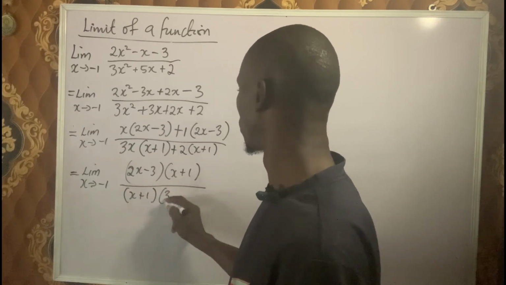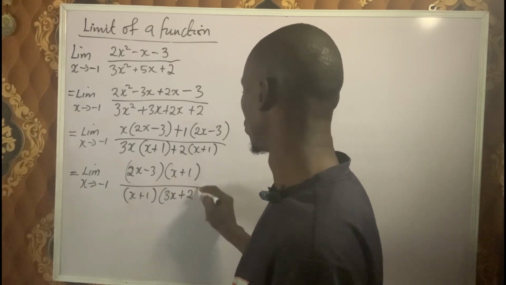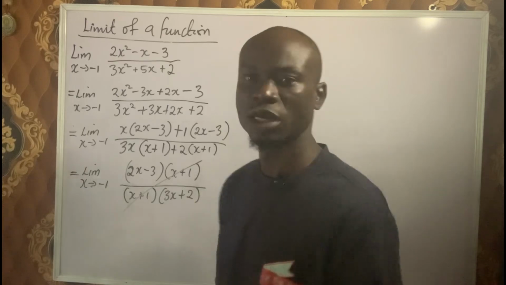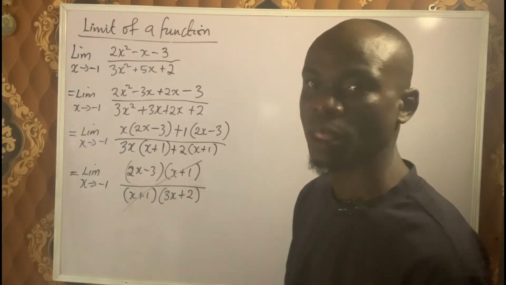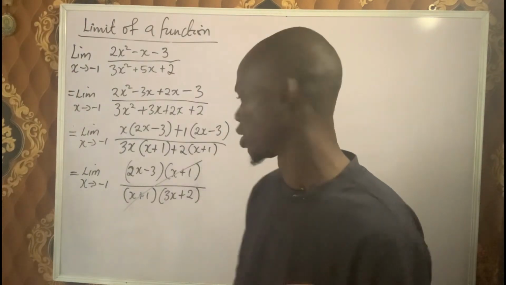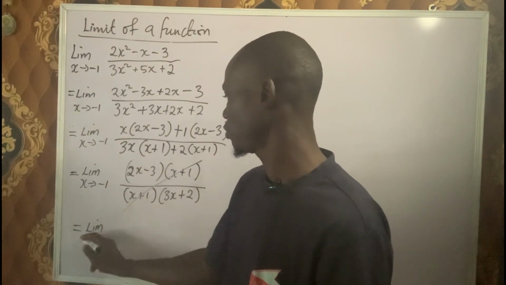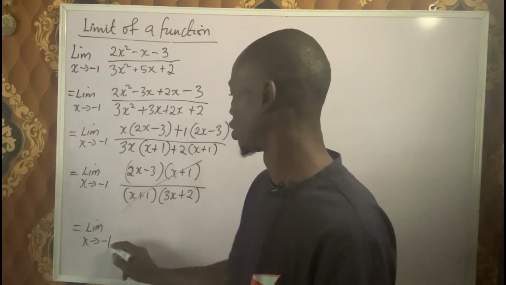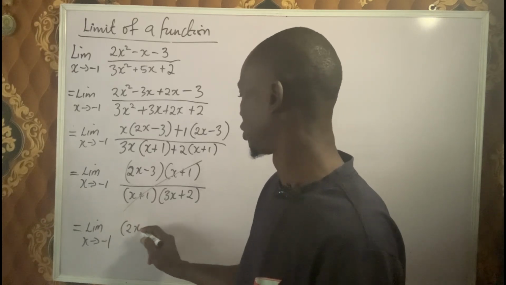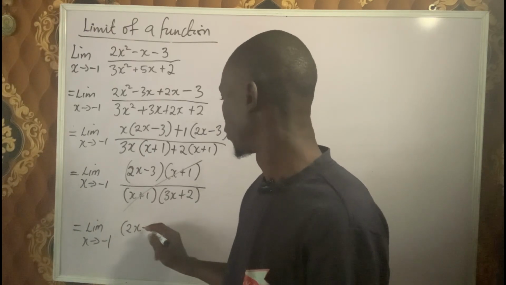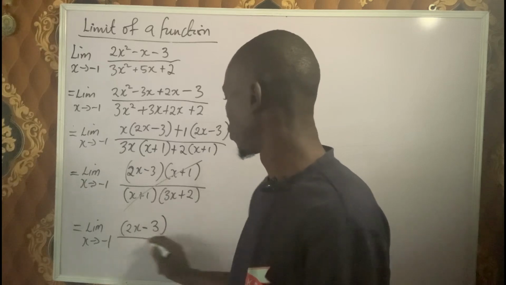So what is remaining is 3x plus 2. So of course, x plus 1 can go. You see that? So now that x plus 1 has cancelled out, what is remaining is limit as x tends to minus 1, 2x minus 3 all over 3x plus 2.